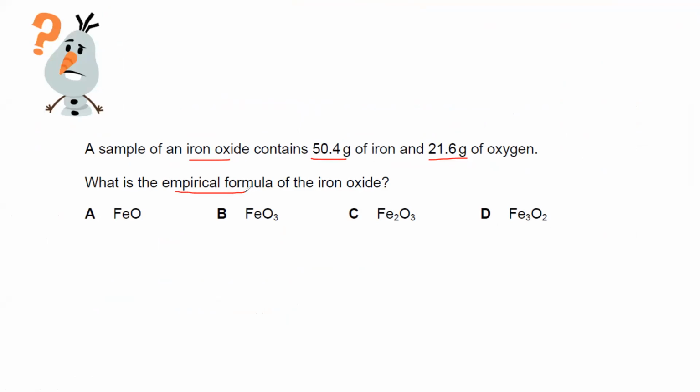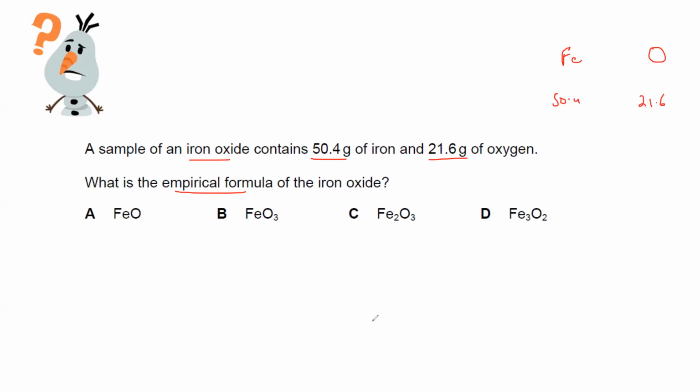What is the empirical formula of the iron oxide? So I told you mass can be given, percentage can be given. So 50.4 is iron and 21.6 is oxygen.